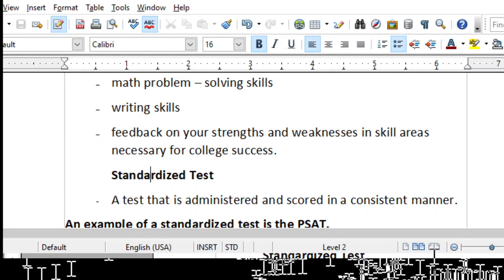Okay, so a standardized test is a test that is administered and scored in a consistent manner. All that's saying is that when you took the PSAT in November, you took it online. I read the instructions to you, and then each section of the PSAT was timed, and you took the test.